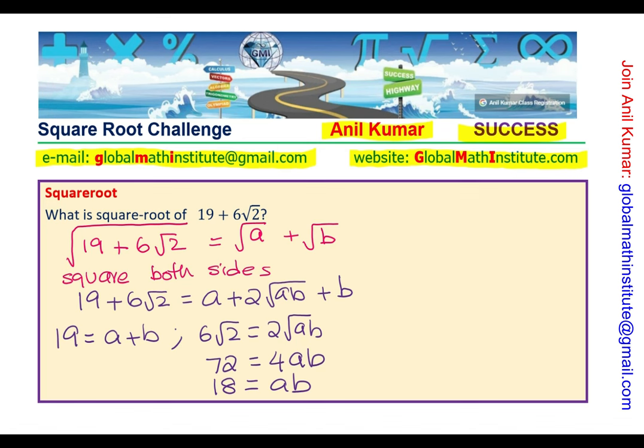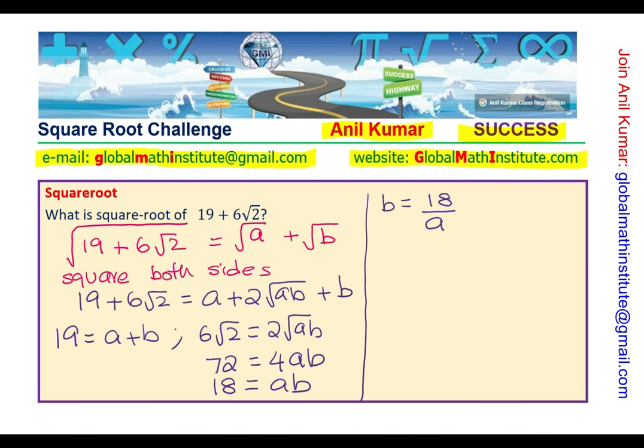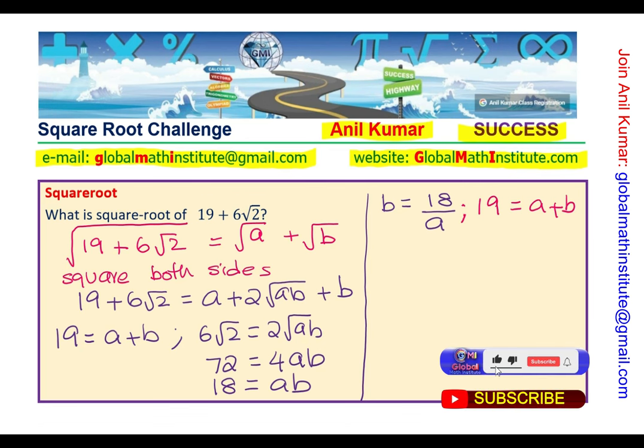So what we can do here is just substitute some values and get our result, right? So let me do it on the right hand side. When I say 18 is ab, then I can write b is equal to 18 over a. Substituting this in our equation 19 equals a plus b, we get a quadratic equation, right?